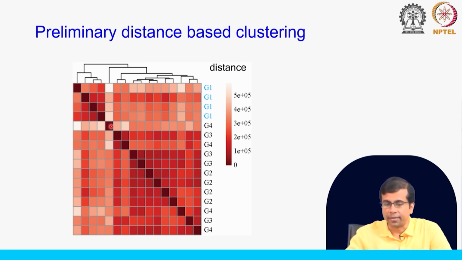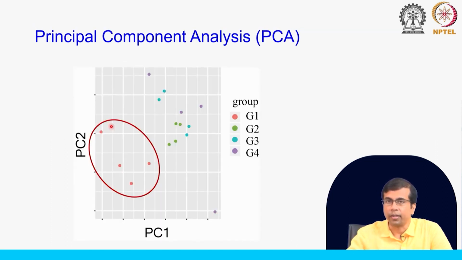The second type of analysis that we mentioned in the theory part is principal component analysis. Very briefly, this is a dimensionality reduction method, which generates principal components from these 6,800 genes, or even more depending on your data, and then calculates the variance explained by each of these principal components.